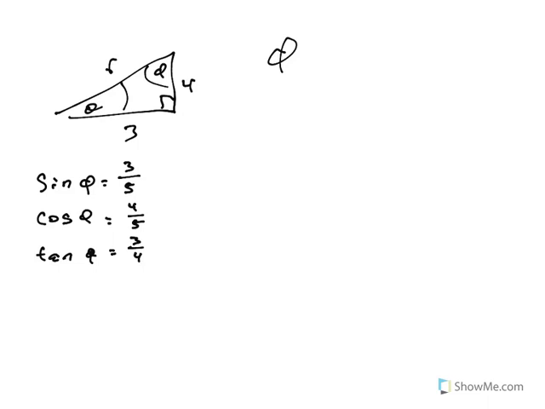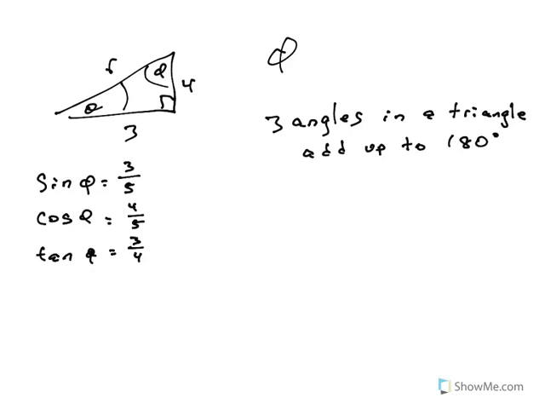The other way you could do it is there's one more relationship about triangles you should know, which is the 3 angles in a triangle add up to 180 degrees. So if I want to use this, what do I know? Well, I know one angle is already 90 because it's a right triangle. I also know if I add the other 2, I'm adding theta and I'm adding phi.